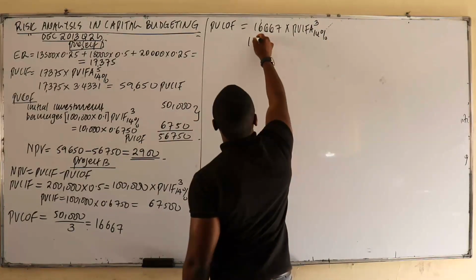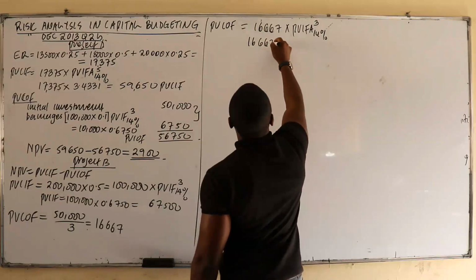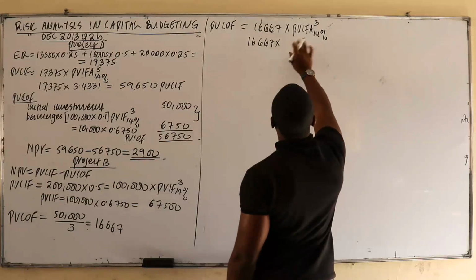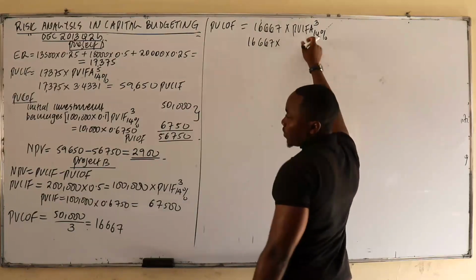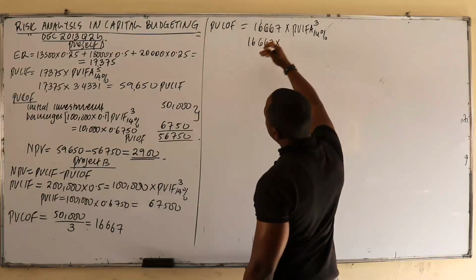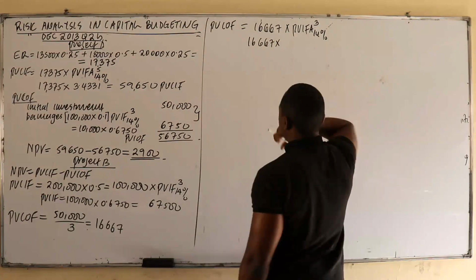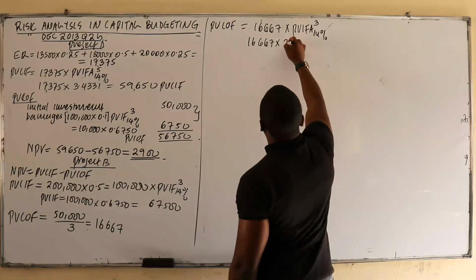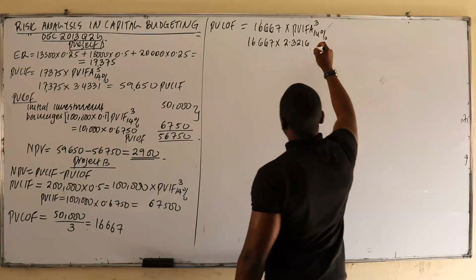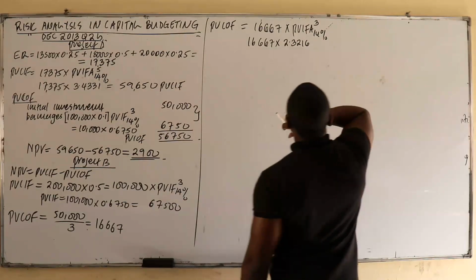So it will be 16,667 times, this one is an annuity. So use the annuity table because it's spread over the next 3 years. So it's each year 16,667 for the next 3 years. 2.16. What do you get?